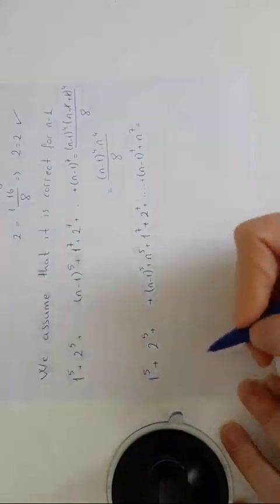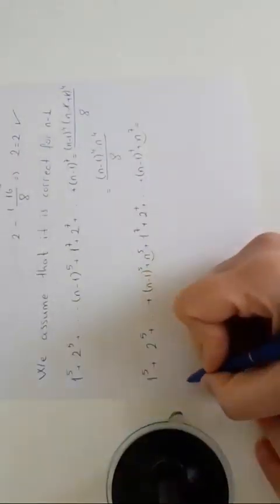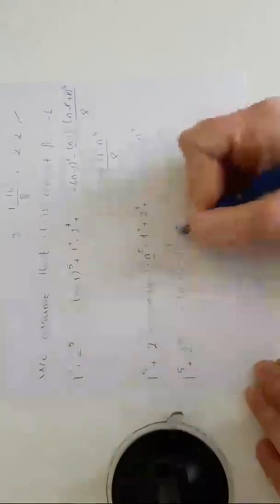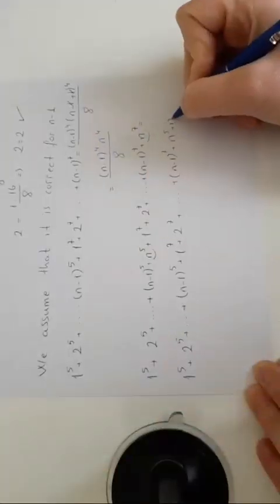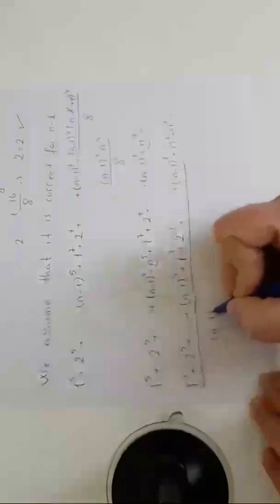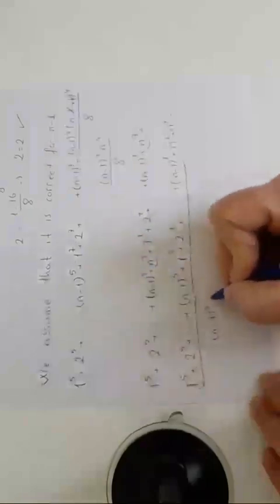Now if I take n to the power of 5 and n to the power of 7 out, this part will be 1 to 5 plus 2 to 5 plus 1 to 7 plus 2 to 7 till n minus 1 to 7. Now I will write n to 5 plus (n minus 1) to the power of 4 times n to the power of 4 over 8.